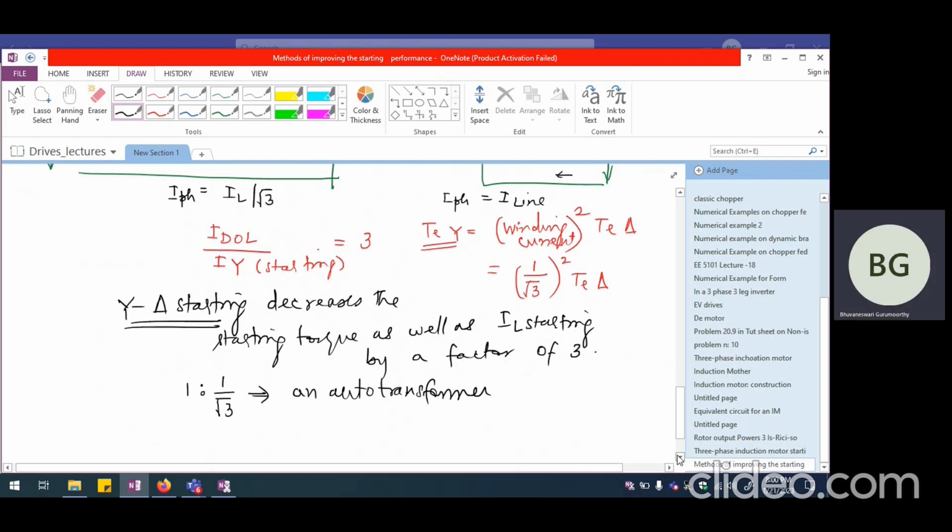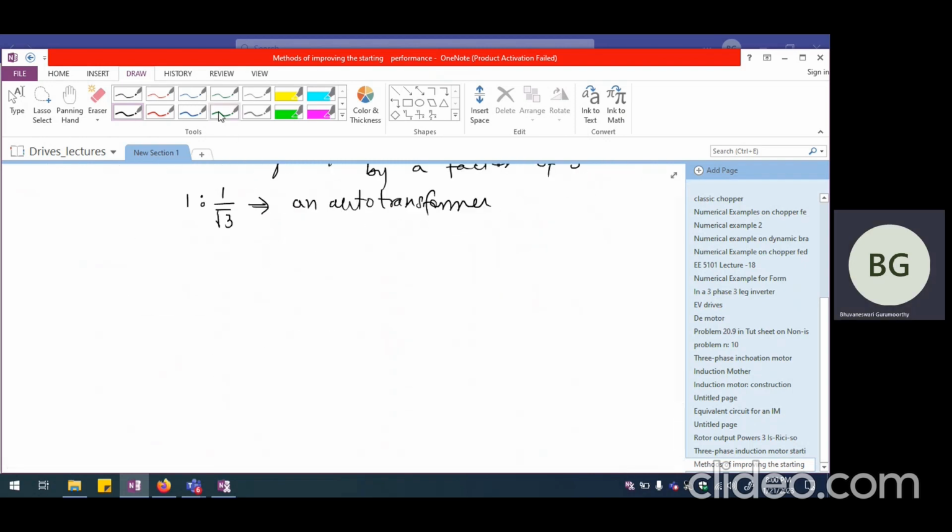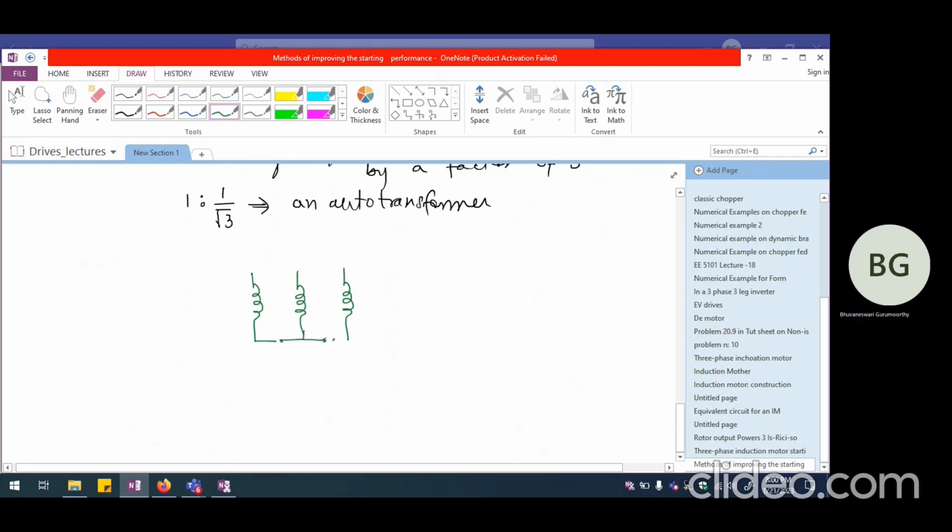So what is actually done in actual practice is, if I'm going to have these three as the induction motor winding, we are going to have one switch here and one more switch here. So these two switches will be closed during starting.